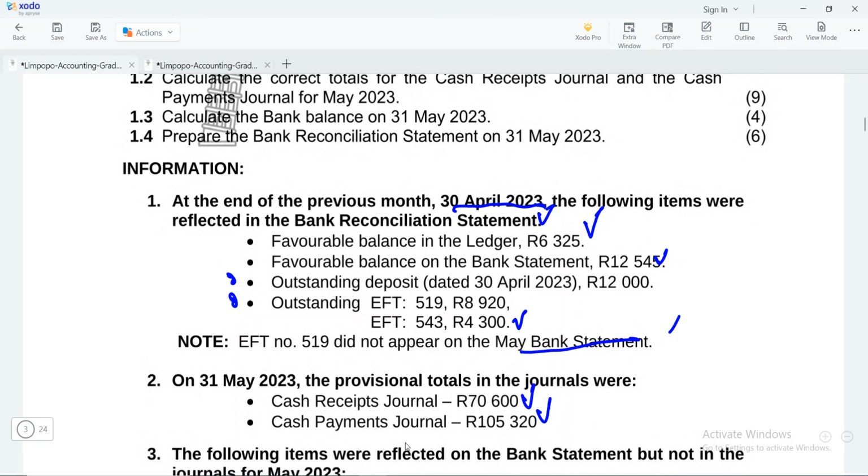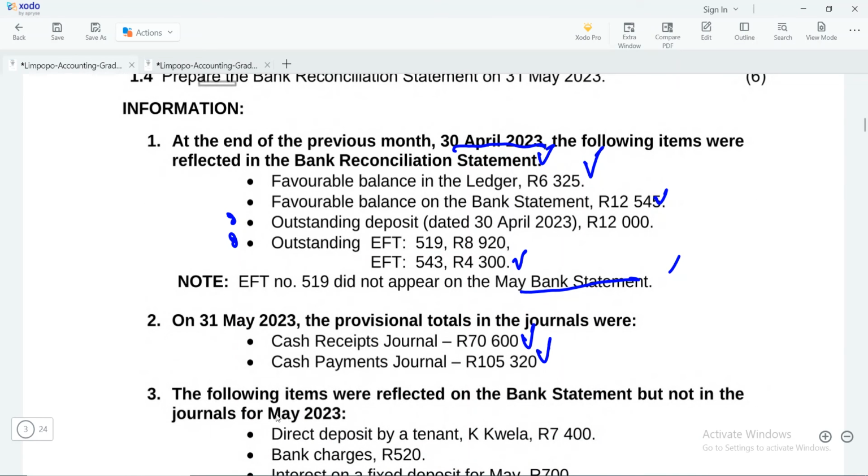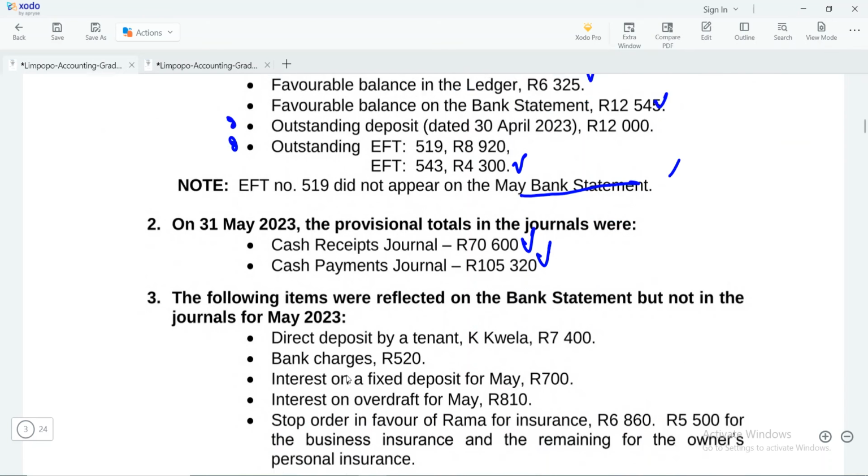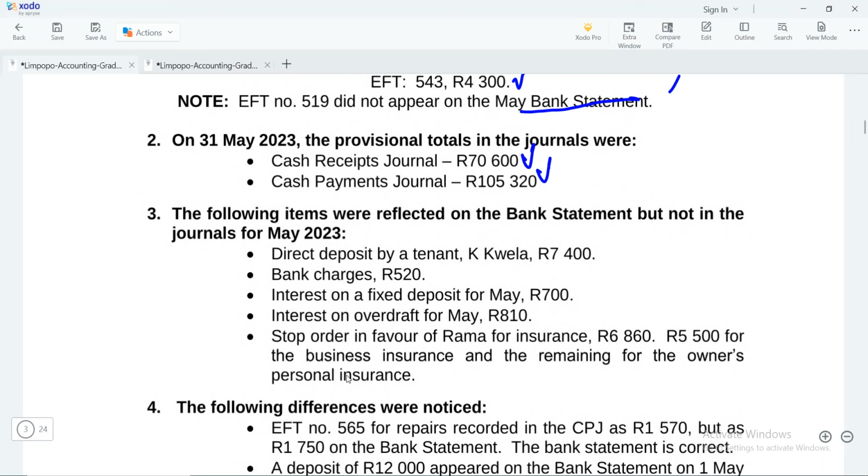So here they're saying the following items were reflected on the bank statement but not in the journals for May. So first thing, whenever you see anything that is reflected in the bank statement but not in the journals, if it's not recorded in the journals, you have to take it there.